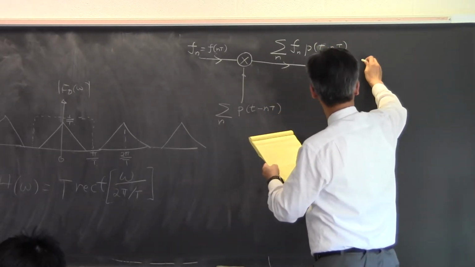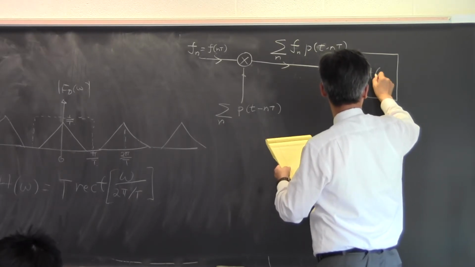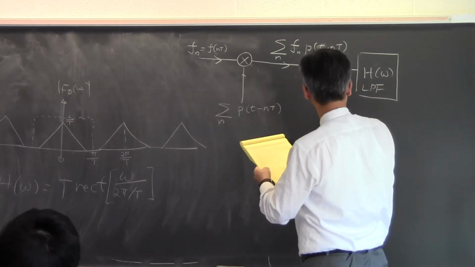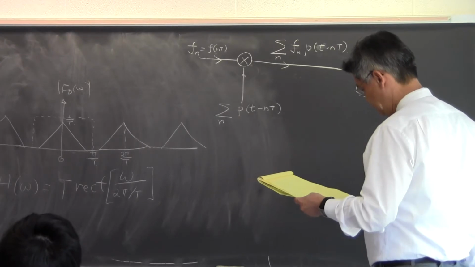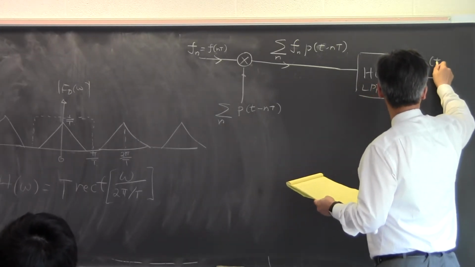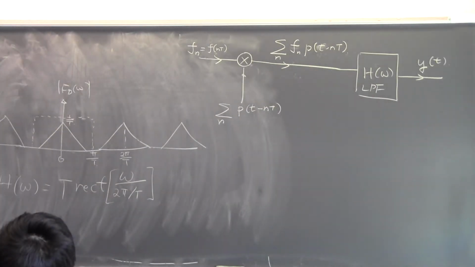And then you have this going through a low-pass filter, and this low-pass filter will look something like that. And then out comes your signal, y of t. And it will look something like that.